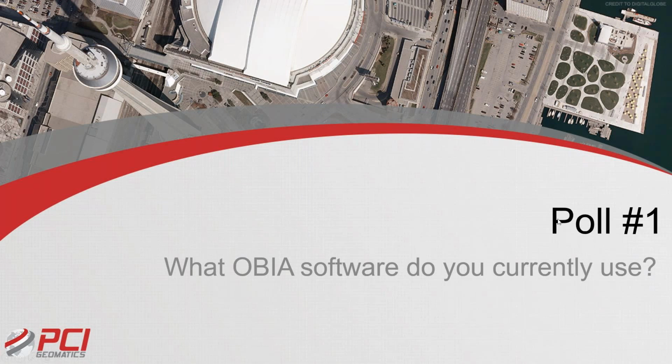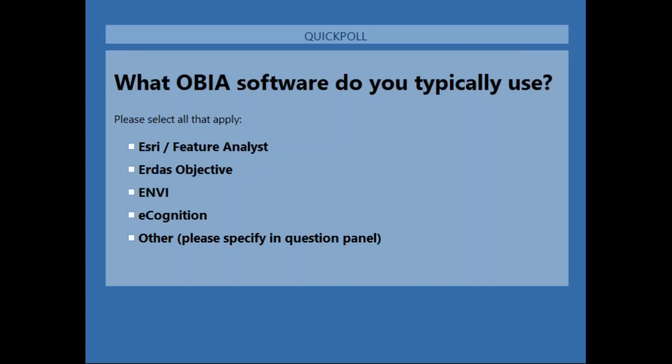I'd like a quick poll right now. This is to ask, what object-based image analysis software do you typically use? We've got a few options there. Please select as many as are appropriate. If you're using a package not listed there, we'd appreciate if you could just use the questions panel to tell us the name of that package. We'll keep this poll open for roughly 1 minute. We're about halfway done at this point, and we have about half of the votes compiled. Votes are continuing to come in.